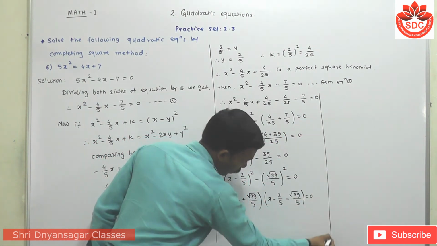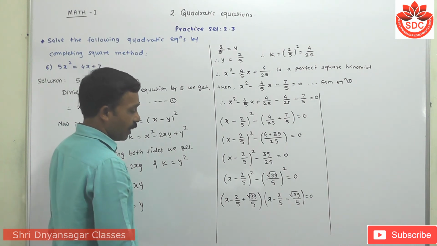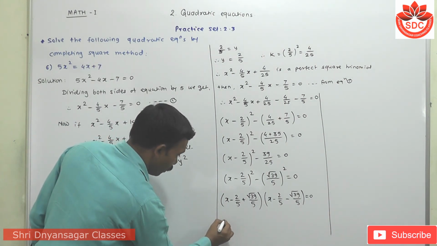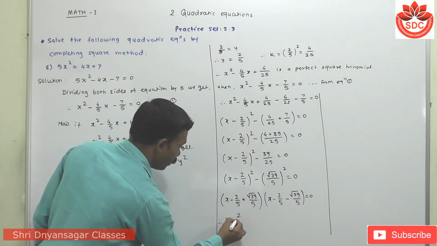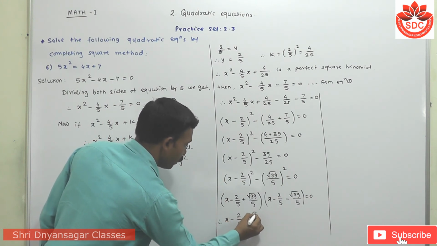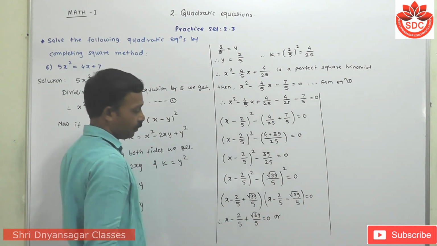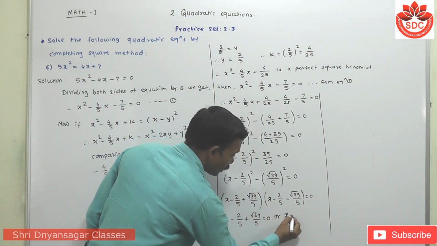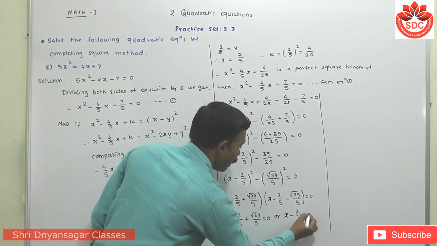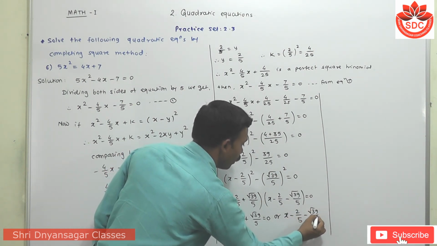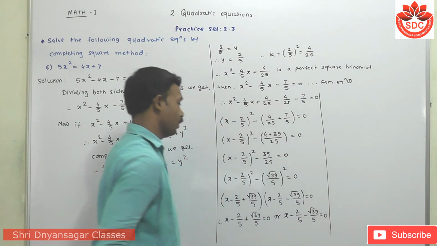Therefore, x minus 2 upon 5 plus root of 39 upon 5 is equal to 0, or x minus 2 upon 5 minus root of 39 upon 5 is equal to 0.